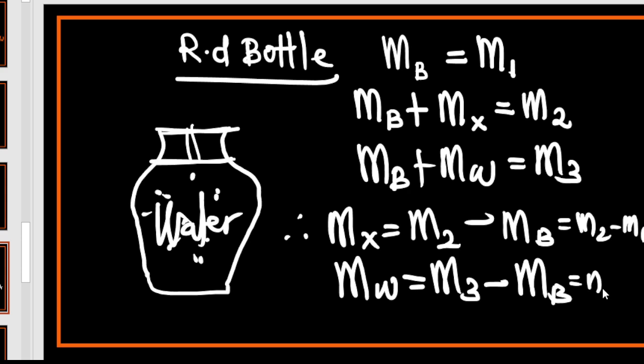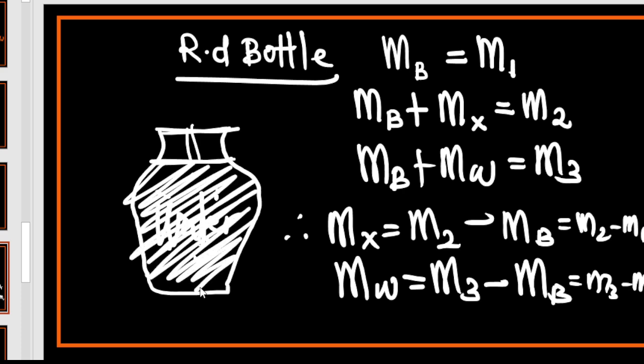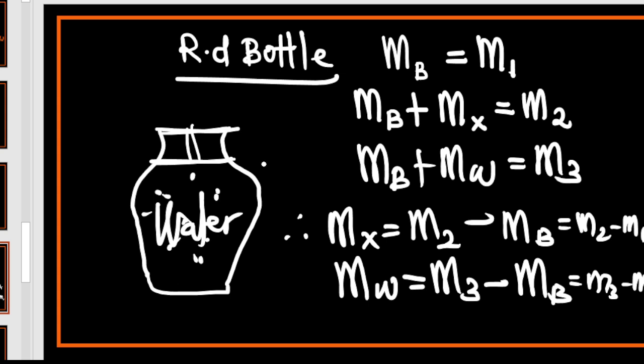This is M3 minus M1. So one thing you need to know is that what is guaranteed in using RD bottle is that we are going to be using the same volume. Since everything was filled to the brim when you use liquid X versus when you use water, the implication is that they have the same volume.